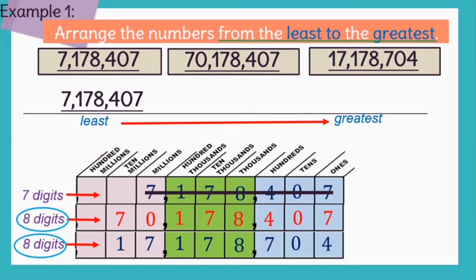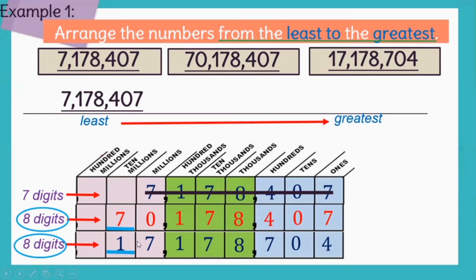Next, we have the 8 digits left. If they have the same number of digits, we are going to compare the numbers from the left to the right, from the 10 millions going to the ones place. So let's start with the 10 millions place. We have 7 and 1. Since we are looking for the least, going to the greatest, we all know 1 is smaller than 7.